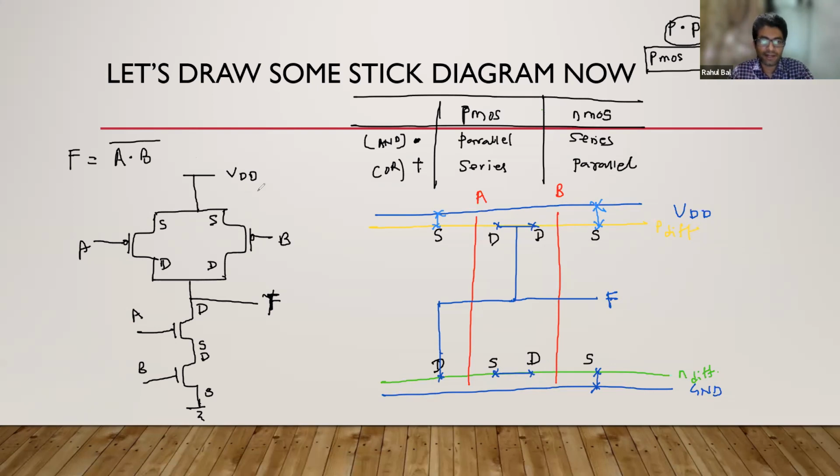Okay, CMOS NAND gate. If you want to draw this in your notebook, you can draw it, or you can take a photo of this. In some books, the function will be the same, but the connections may differ because they are of metal. Metal you can extend anywhere, so don't get confused in that.